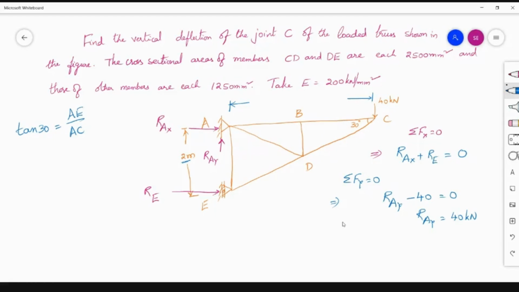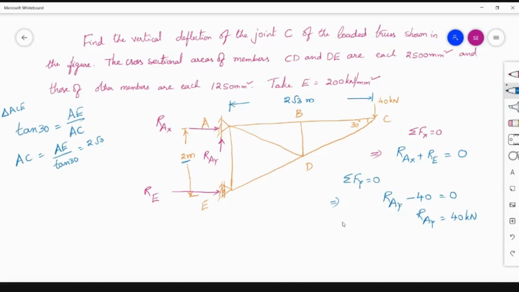I want the value of AC. AC is AE by tan 30. AE is 2, and tan 30 is 1 by root 3. So 2 into root 3 meters is the entire distance AC.